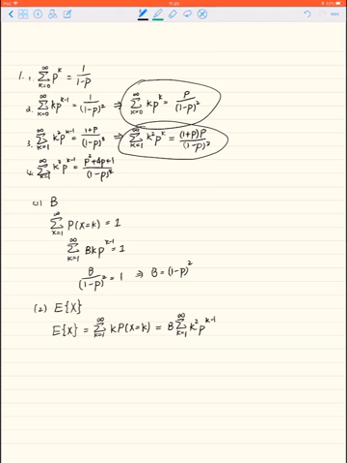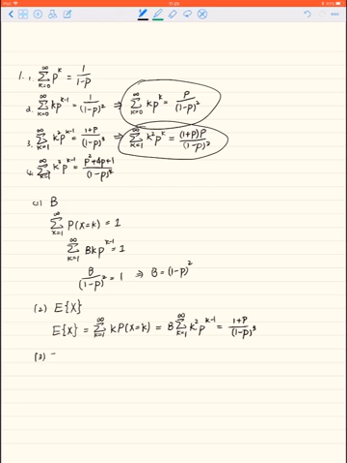Then we can simply use the third formula we have already understood, and we get that it equals (1 plus p) divided by (1 minus p) to the power of 1. And that's the expectation of X.